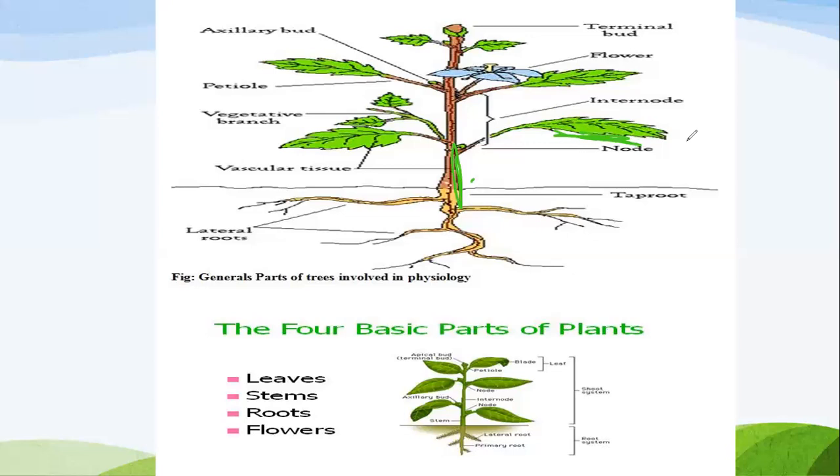Plants cannot move from one place to another. That's why plants have an additional covering, and that is the cell wall.